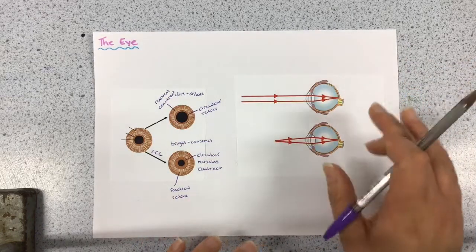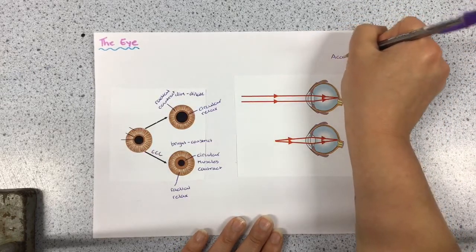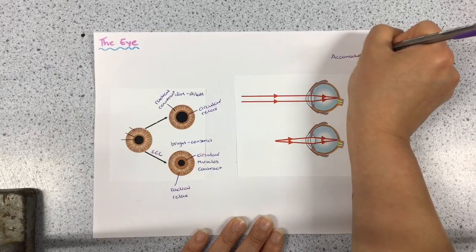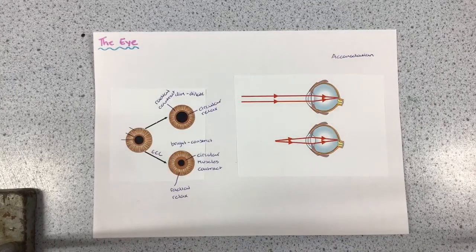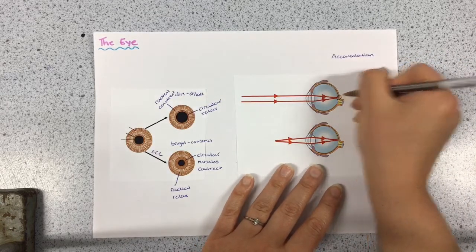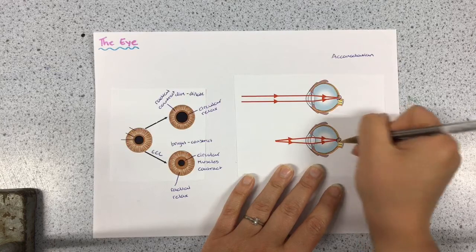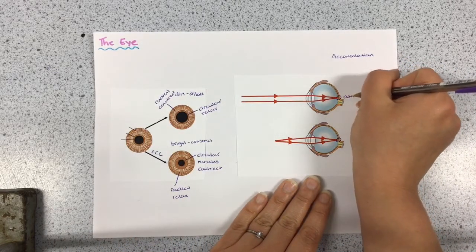The next section didn't come up last year and it's very, very difficult. It's come over from physics. It's called accommodation in the eye. So basically the focusing on different objects. When your eye focuses, we need to make sure that the light rays meet at the back of your eye, which is the retina.